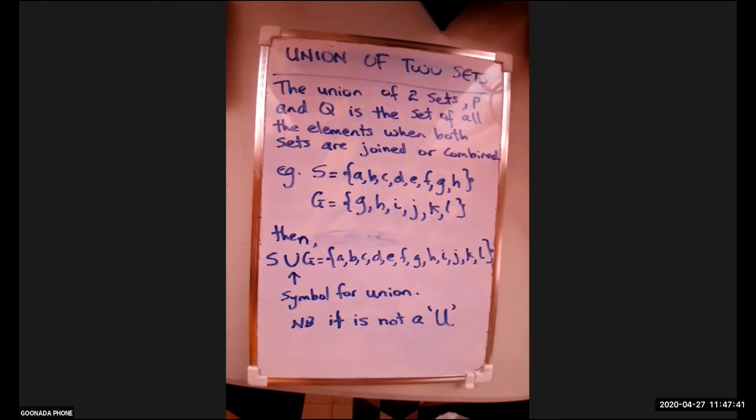The union of two sets, let's say P and Q, is the set of all the elements when both sets are joined or combined. Union means you're combining, you're more or less joining.